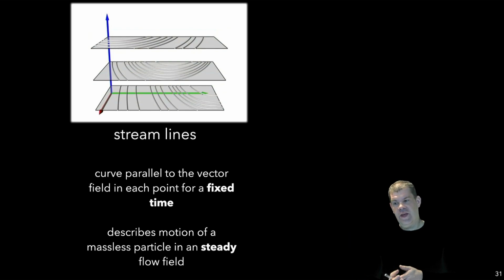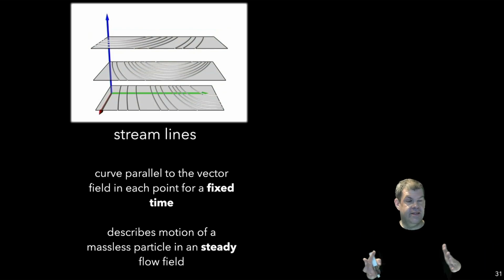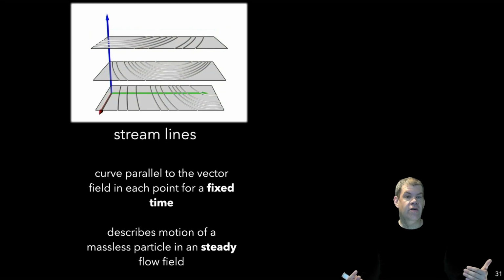So despite the fact that they look like particle lines, they are only particle traces in this theoretical case that your field is steady and doesn't change. Other than that, you can't observe them in reality.